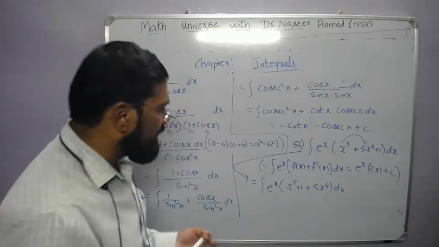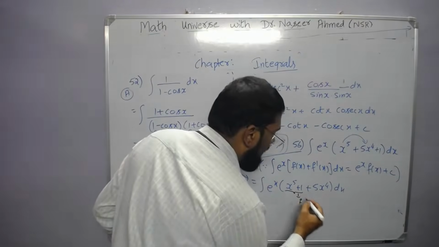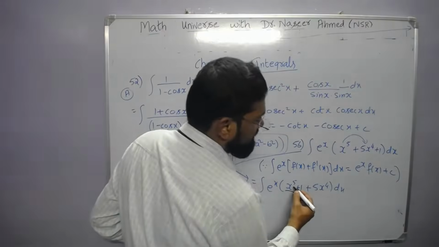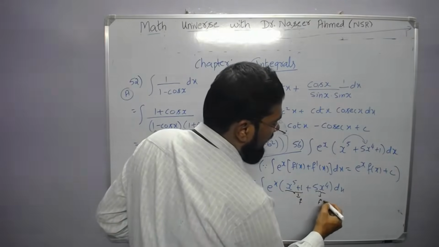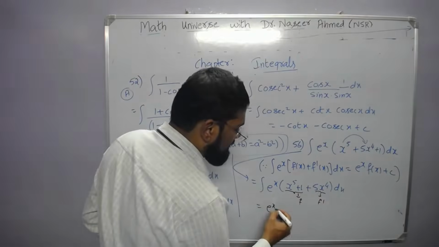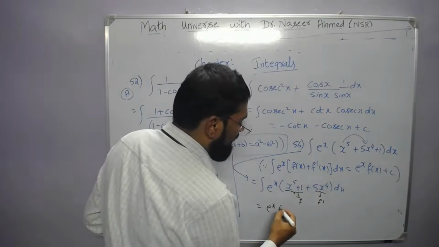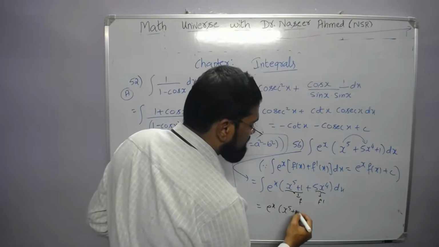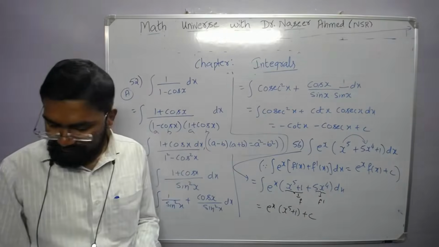So very clearly you can see that this entire term is my f. And if I differentiate, what is derivative of x power 5? 5 into x power 4. 1 will be what? 0. So I'll get this to be f dash. So my answer is e power x into f. What is f? x power 5 plus 1, then plus c. That's it. I hope this is clear.